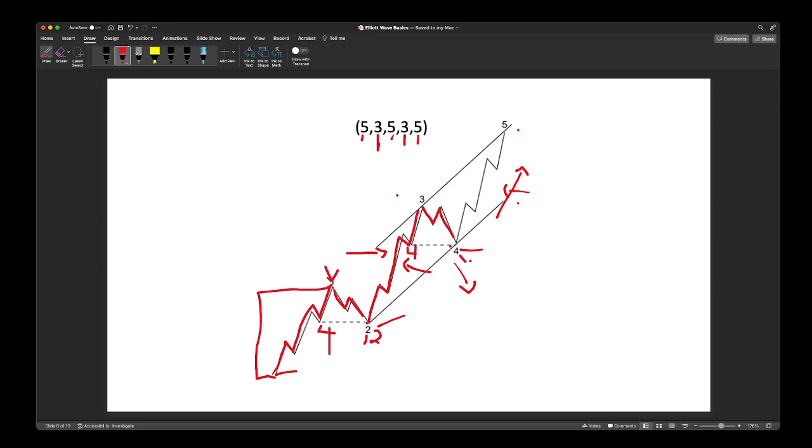So those are some quick understandings of what the impulse wave consists of. So we have this impulse, and we also have the retracement.